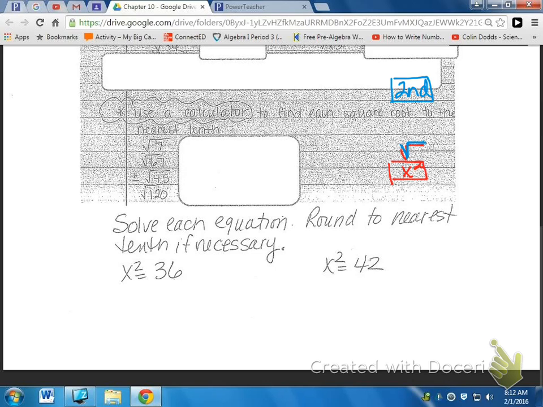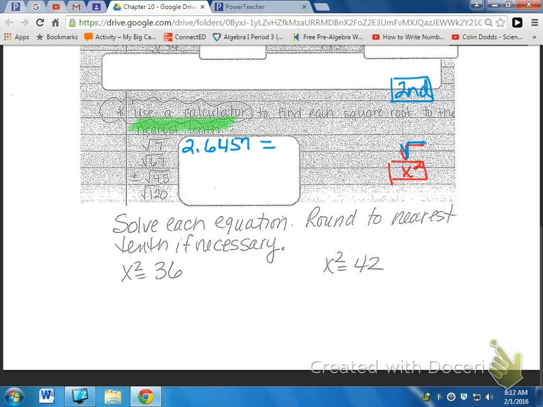So square root of 7, if I put that in here, it comes out to 2.645. Whoops, 2.6457. And then there's a few more digits, but it says right here to round to the nearest tenth.